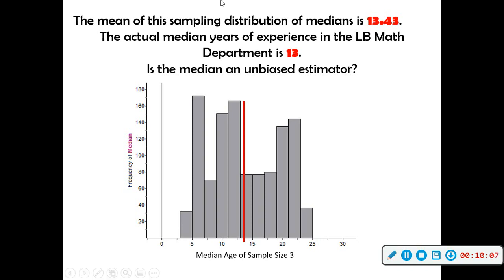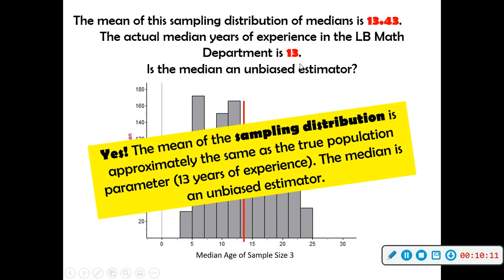These two are very, very close to each other. Therefore, the mean is very, very close to the actual median for the population. Therefore, median is an unbiased estimator. And if a median is an unbiased estimator for ages of teachers, that means it's an unbiased estimator for any population.